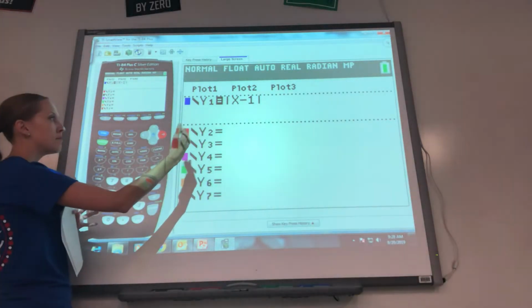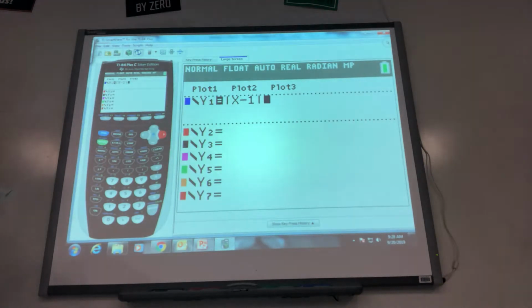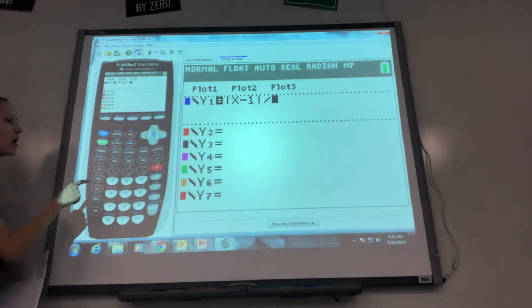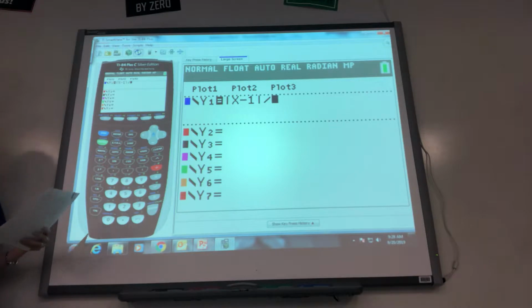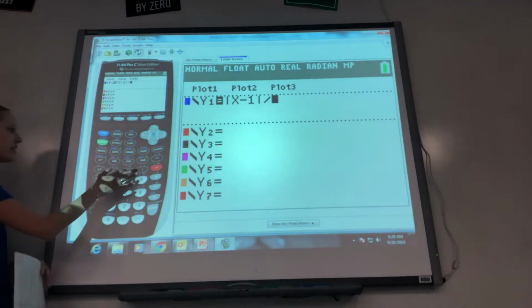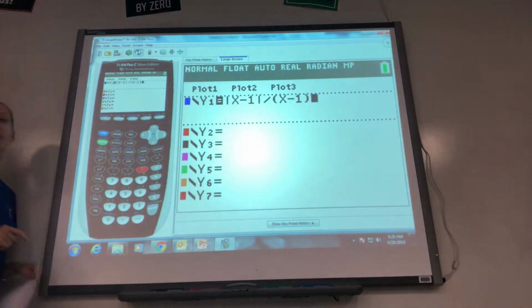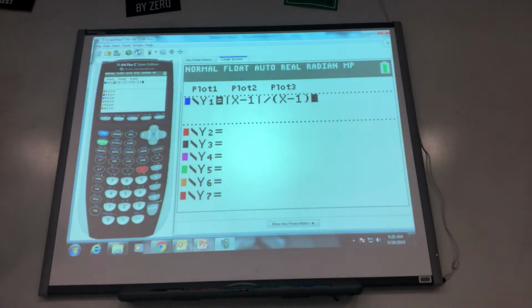Those grouping symbols will keep all of that together. But I'm going to jump out of that, or if you have parentheses, end your parentheses before you divide by x minus 1.